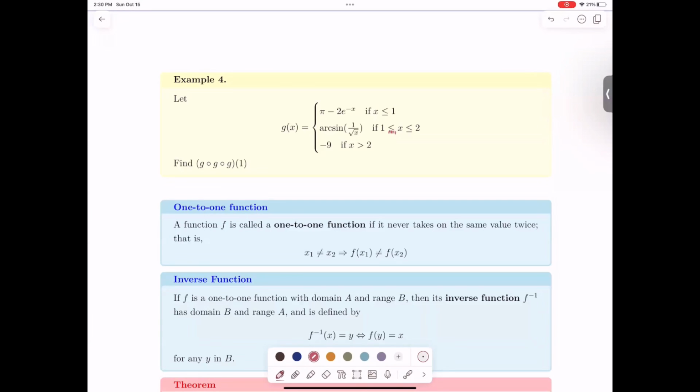I removed the equal sign here. That's why I did remove this equal sign here.